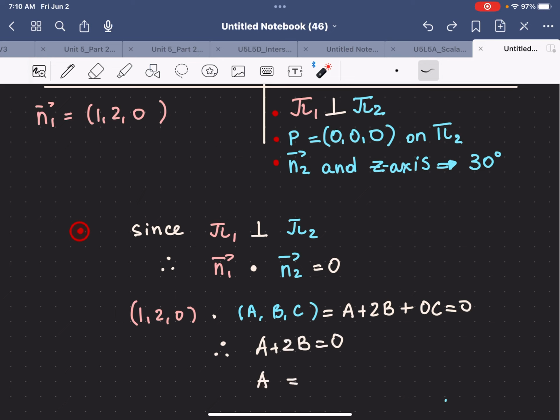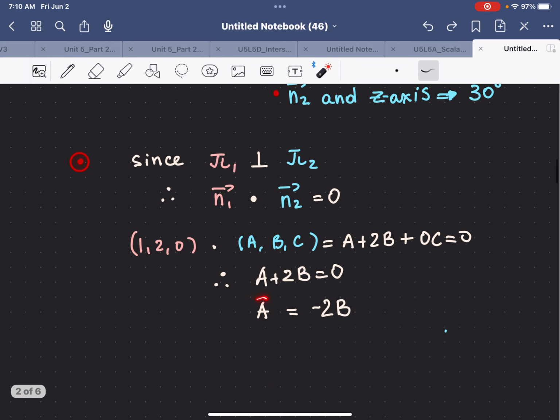So we have disclosed a relationship between A and B, and it only makes sense to express one of the coefficients of the normal for plane pi 2 in terms of the other. So express A in terms of B, and we can easily do this by taking 2B to the other side. Similarly, you can express B in terms of A, but whenever we do that, we try to be wise in our choices in terms of the coefficients that we obtain.